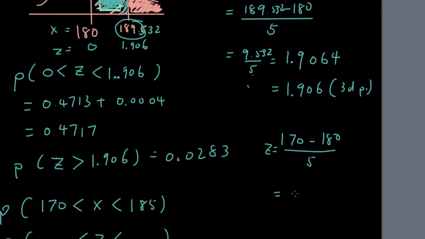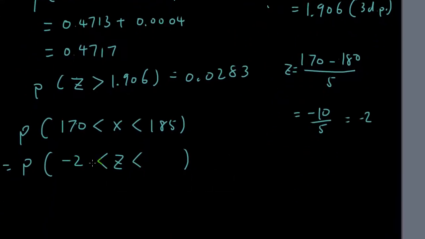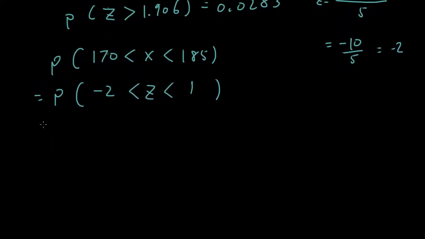So the z score will be -2 as -10 divided by 5, which is -2. So let's write that down. And then the same thing happening here. 185 minus 180 is 5 divided by 5 is 1. Okay, -2 and 1. So how do I now figure this out?